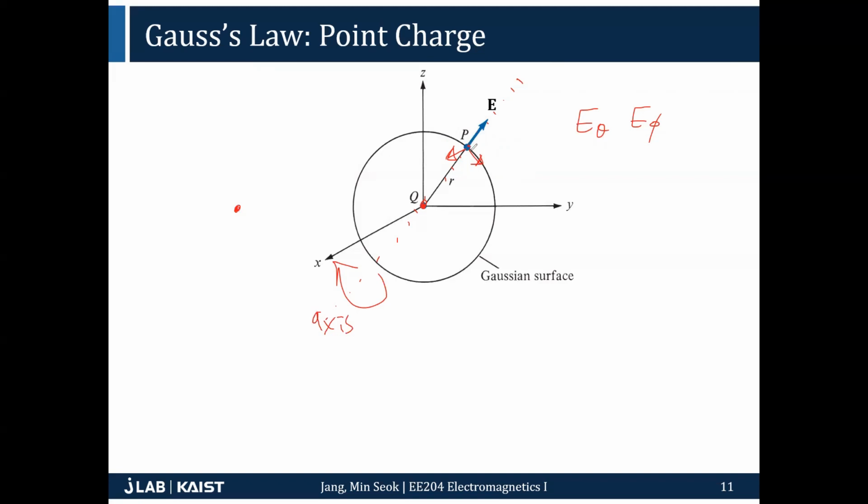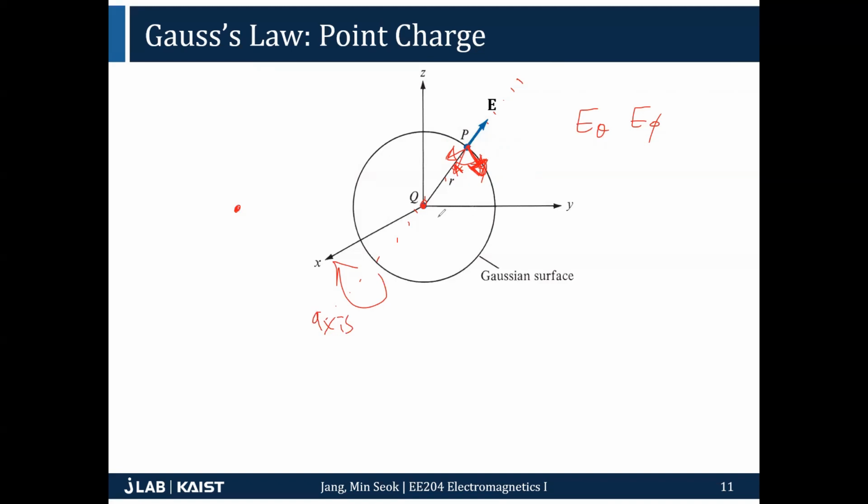Before and after rotation. But your solution, let's say you have some E theta component or E phi component, will be rotated by this rotation angle, which is contradictory, right? The system is exactly the same, but your solution is different, which cannot be the case.